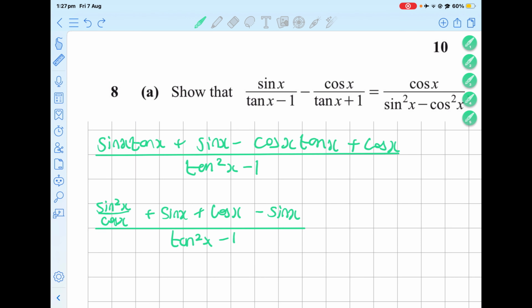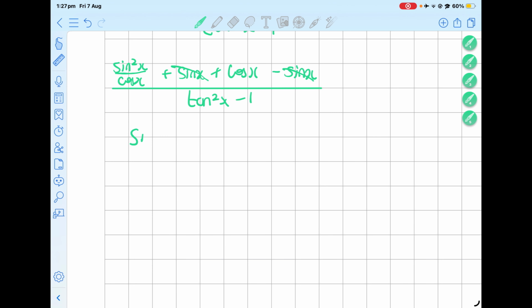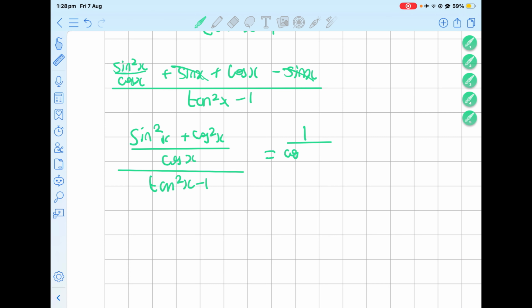So this cancels out with this. So we could have sine square x plus cos square x over cos x, sorry, not cos square x, over the whole thing divided by tan square x minus 1. So this will be 1 over cos x over tan square x minus 1.